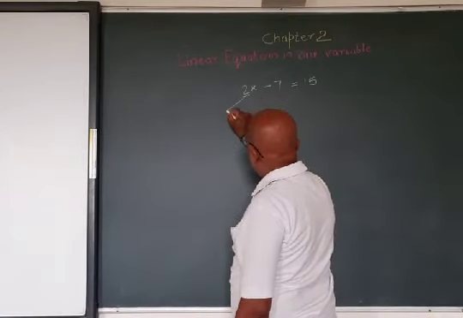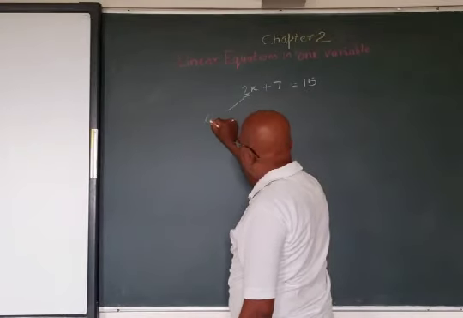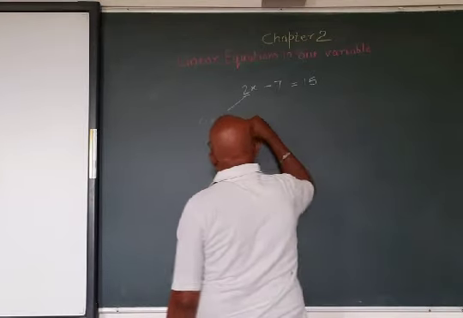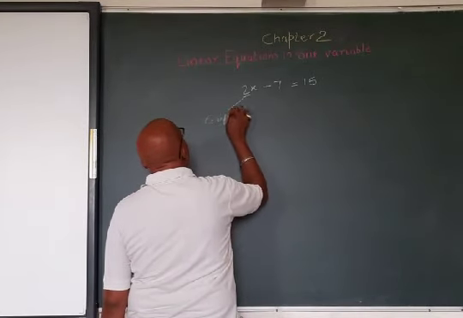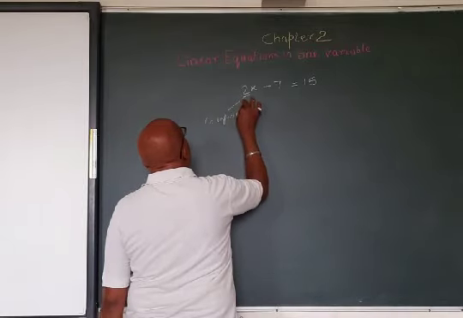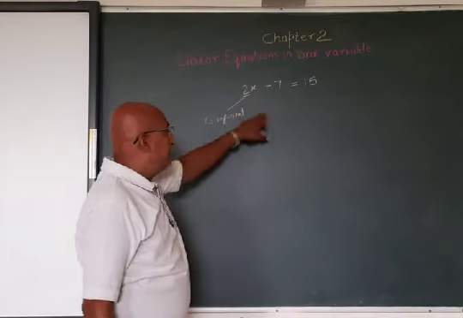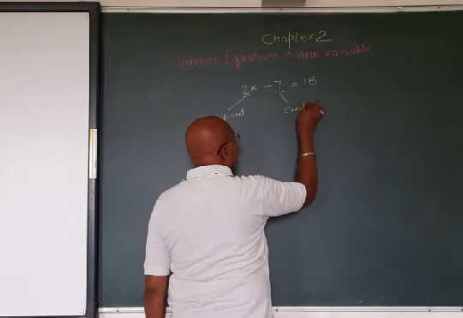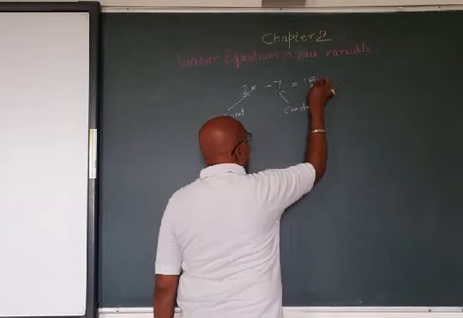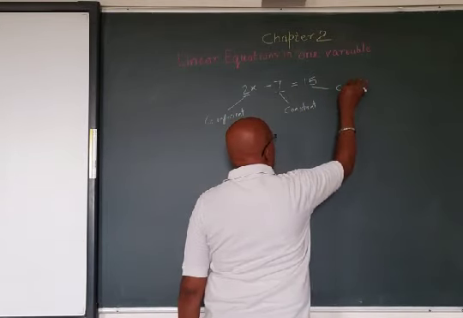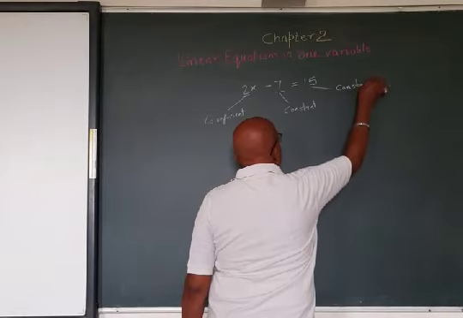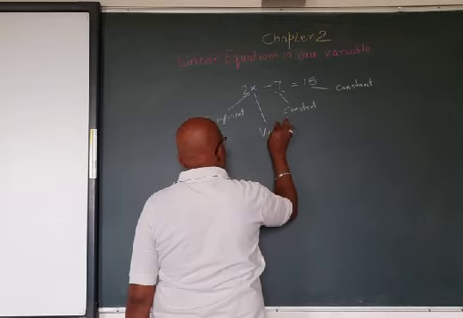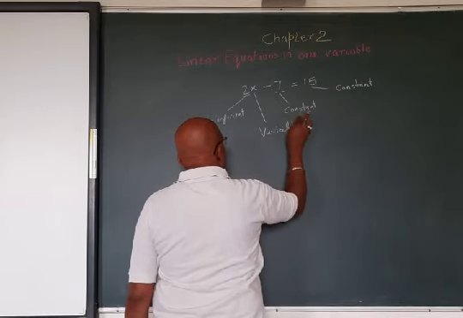Here 2 is the coefficient, 7 is a constant and 15 is also a constant, and this x is the variable.